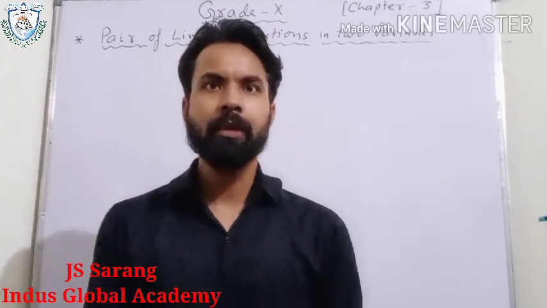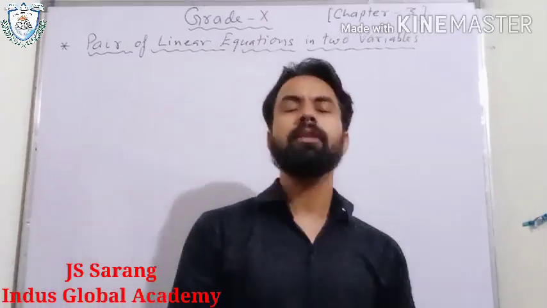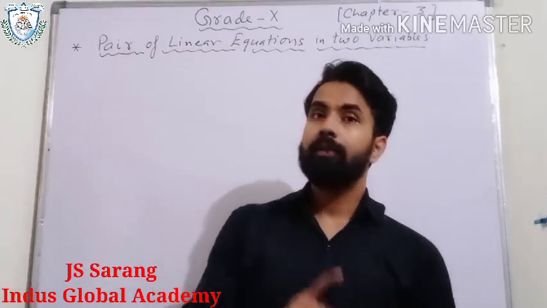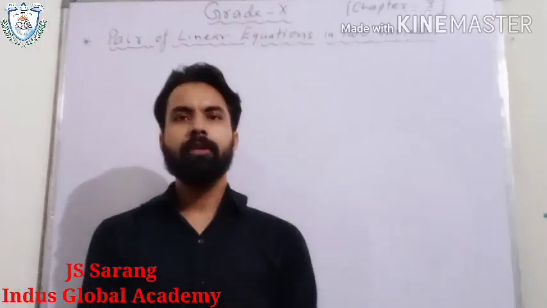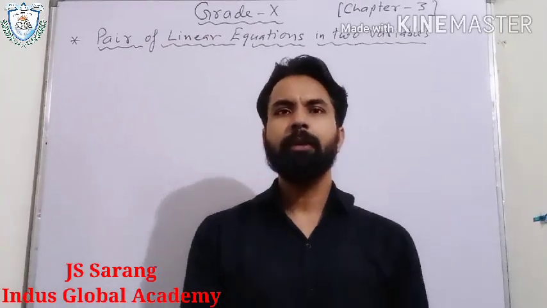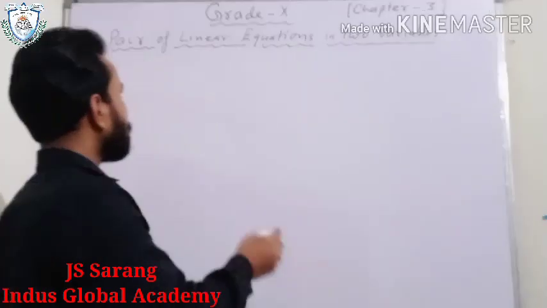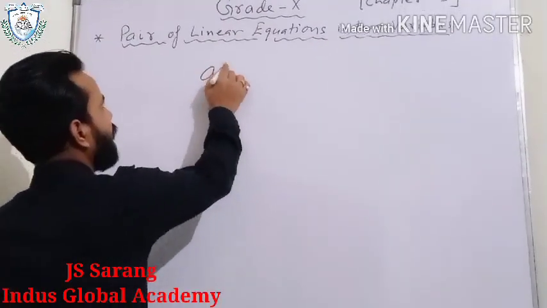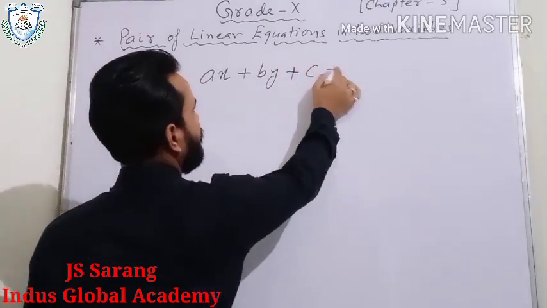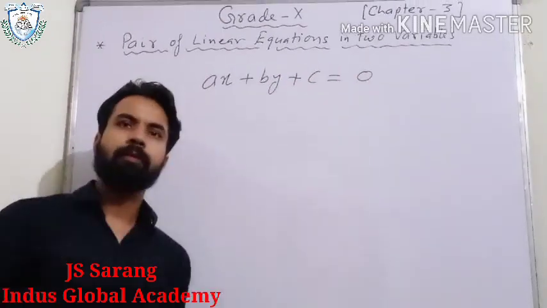So my question is, what is a linear equation in two variables? Students, always keep in mind, an equation is said to be a linear equation in two variables if it can be written in the form ax + by + c = 0.